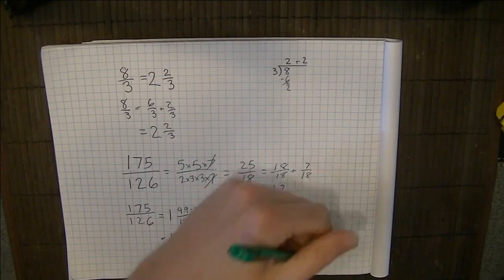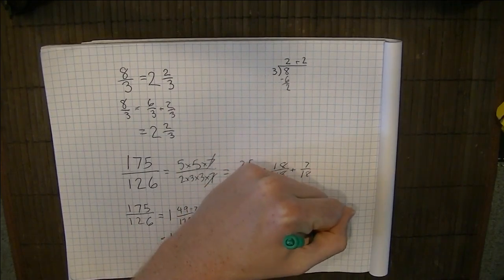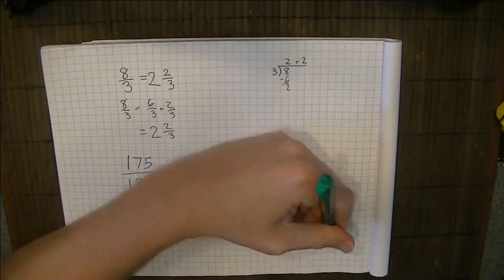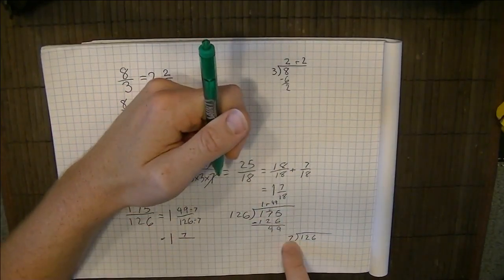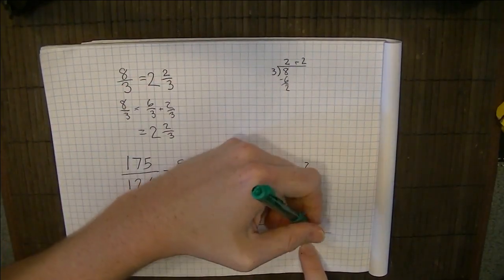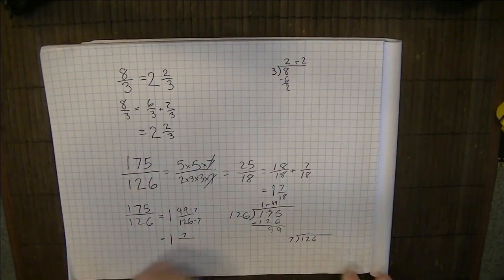126 divided by 7, well, let's just quickly sketch that out over here. I know we know the answer is 18, but let's just say we didn't know that. 7 goes into 12. How many times?